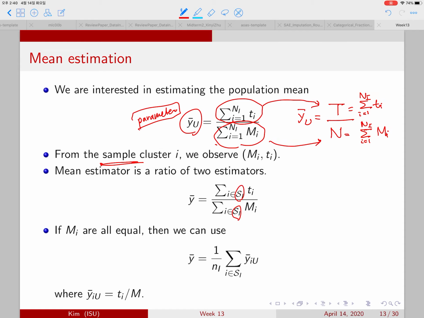And so the t hat uses the formula for cluster sampling, the summation over S of M_i y bar_i.